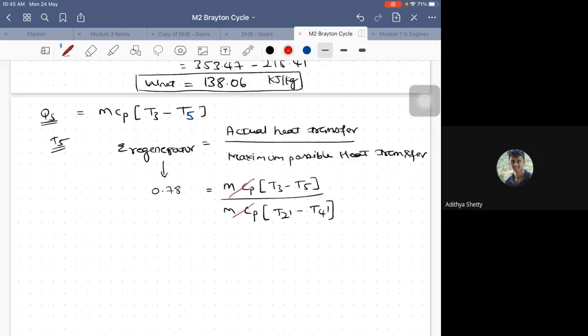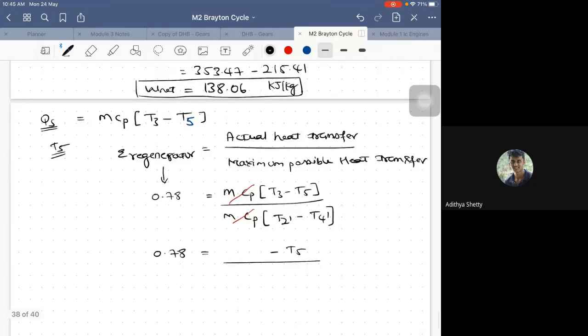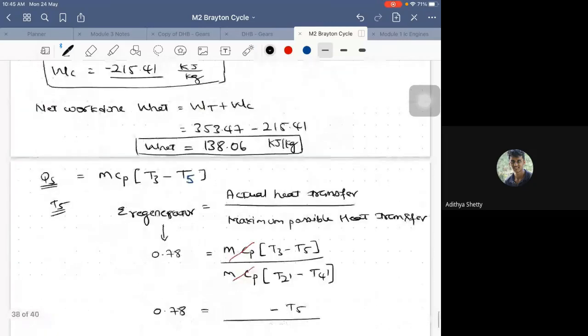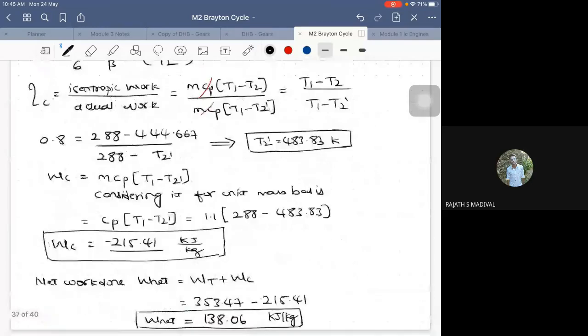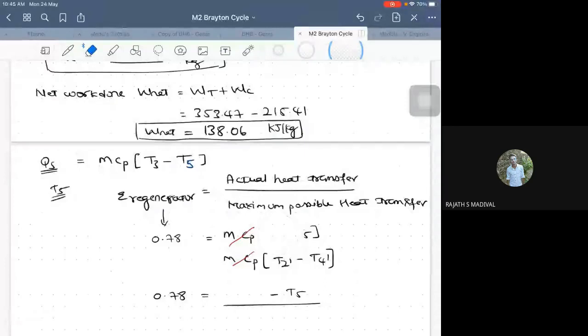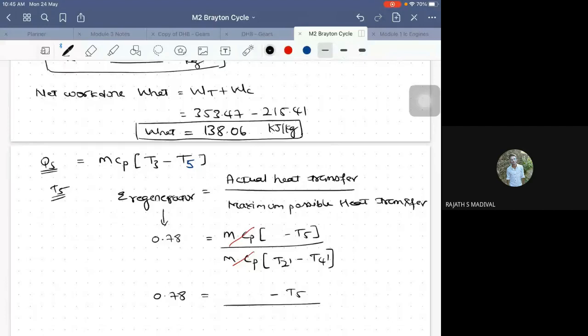Anyhow, mCp will cancel. Just substitute the remaining, so 0.78 is equal to T3 minus T5, which we have to find out, divided by, what is the value of T3? Hey, this is not T3, it is T2 dash.